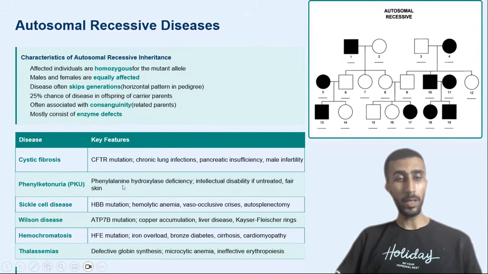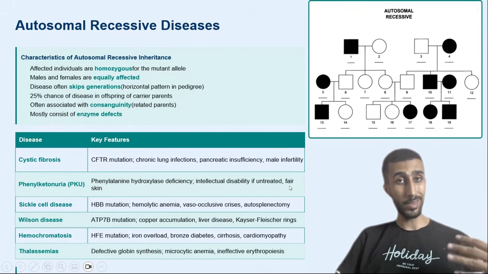Phenylketonuria is related to phenylalanine hydroxylase deficiency. These people will have a buildup of phenylalanine, and this phenylalanine is neurotoxic. So these people are going to get intellectual disability and seizures. This buildup of phenylalanine translates into clinical symptoms: intellectual disability and seizures, and fair skin, because phenylalanine is in the pathway of the formation of melanin.